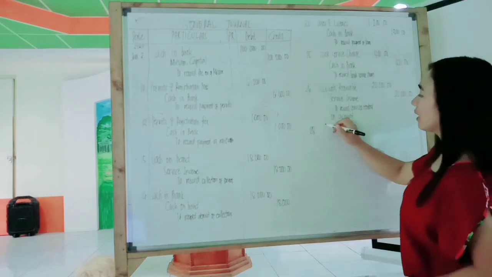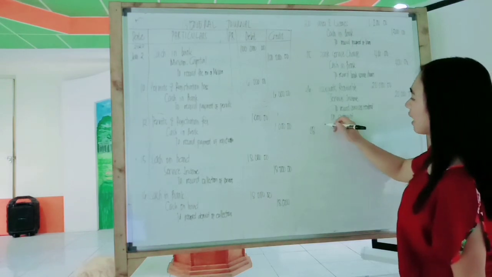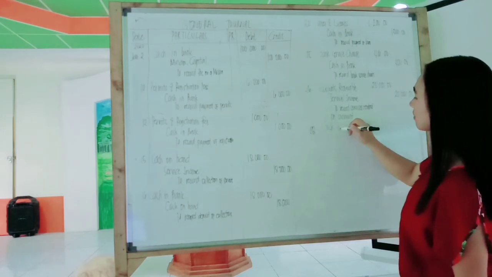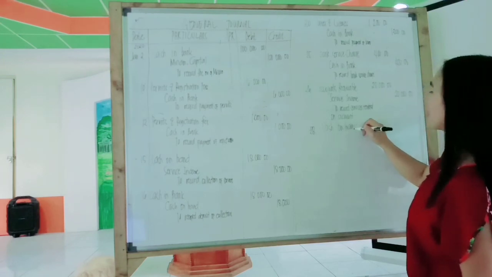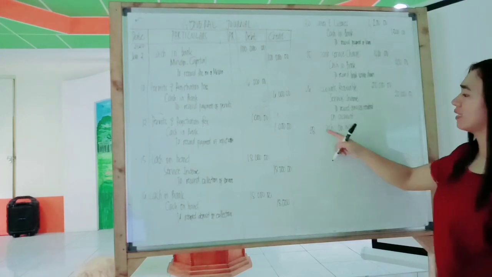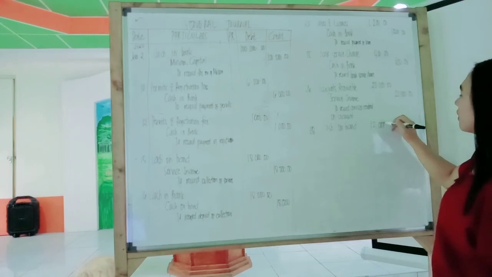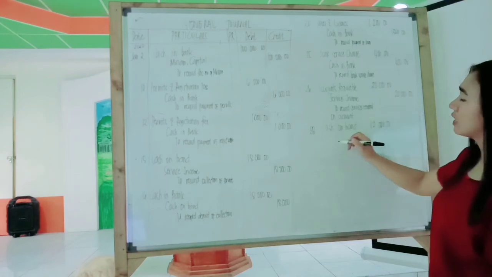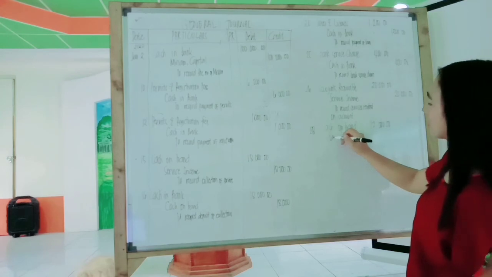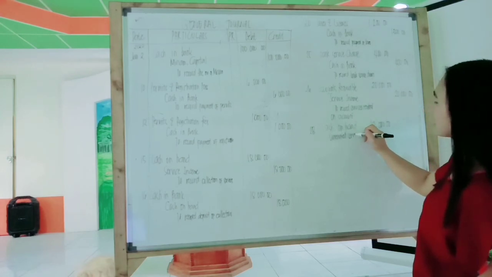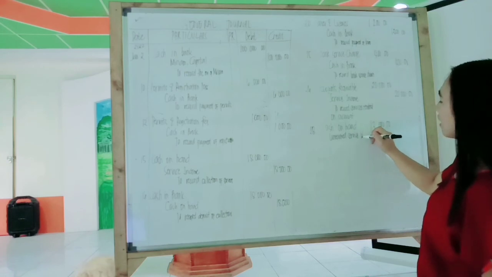So, ang gagawin natin, may na-receive tayo na cash on hand. Kasi hindi naman sinabi na diniposit or what. So, cash on hand, 12,000 pesos. Tapos, ang credit natin is unearned service income.